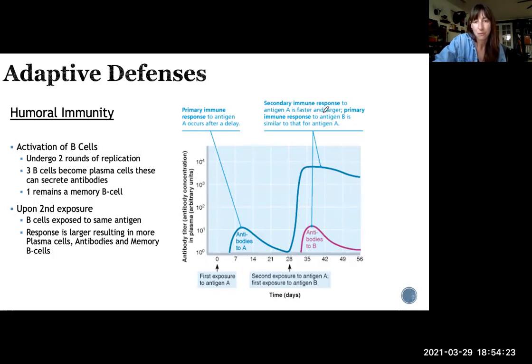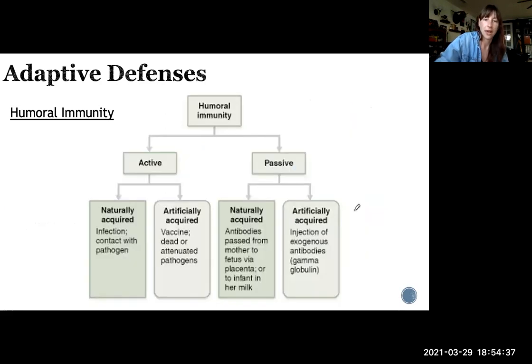That secondary immune response is faster and larger, okay? Meanwhile, a new different antigen will start out with the primary response again, right? Okay, so summarizing the humoral part of the adaptive immune system, so extracellular.